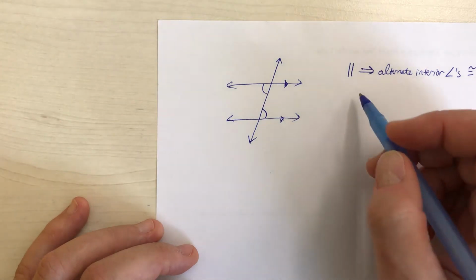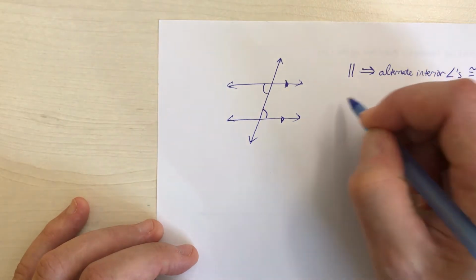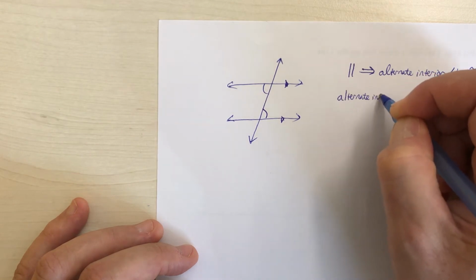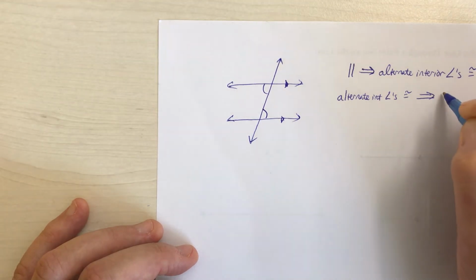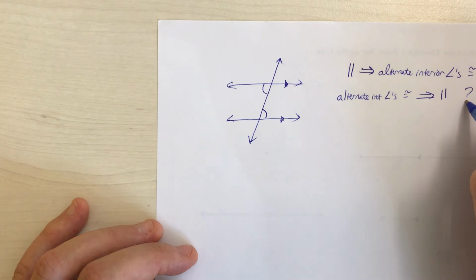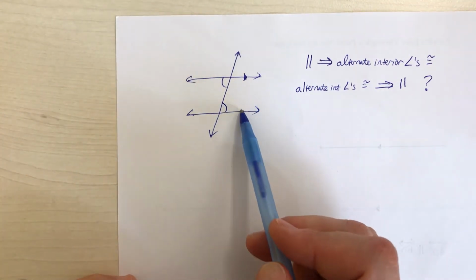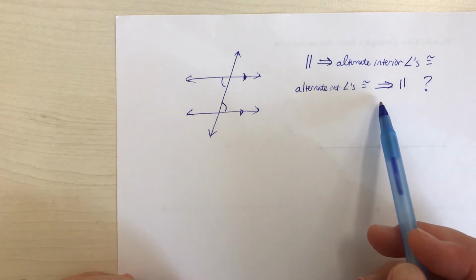Okay, so now what happens, the converse, does that work? If the alternate interior angles are congruent, does that mean that the lines are parallel? That's the question. We know if the lines are parallel, these are going to be congruent. Does the converse also work?